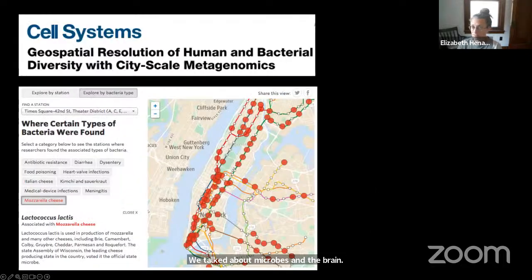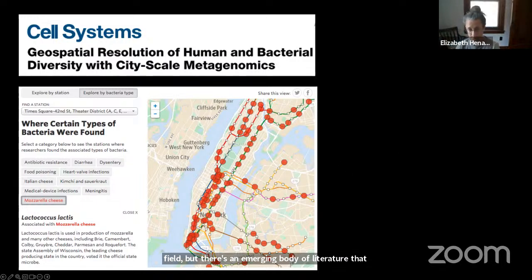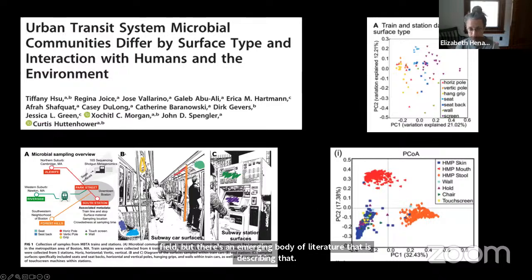So microbes in the built environment is a kind of new field, but there's an emerging body of literature that is describing that. We talked about the subway paper. This is another paper describing microbes in the built environment or in transportation systems. And that was really interesting because they related different microbial community composition with different materials within the transportation system.